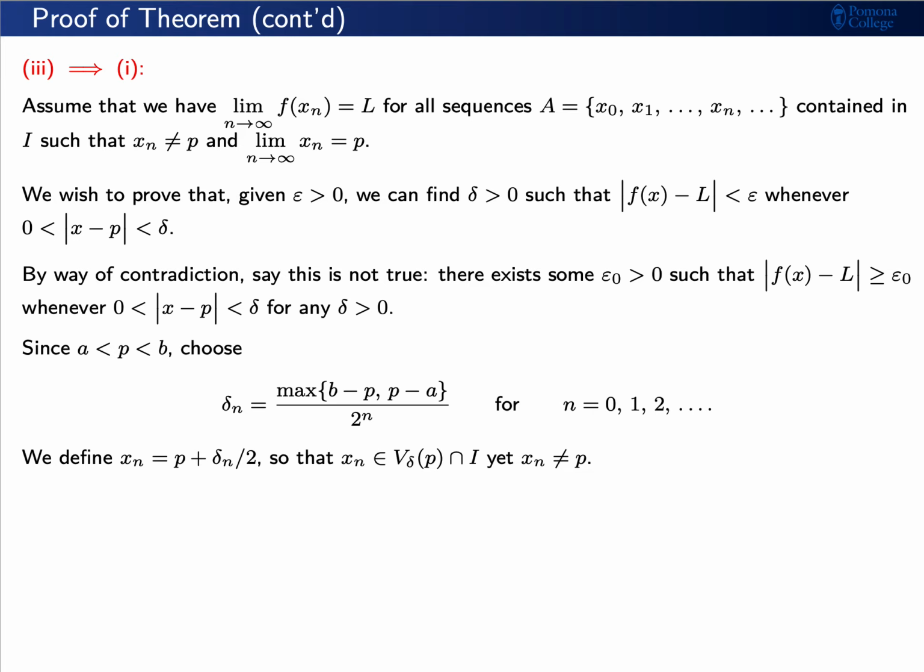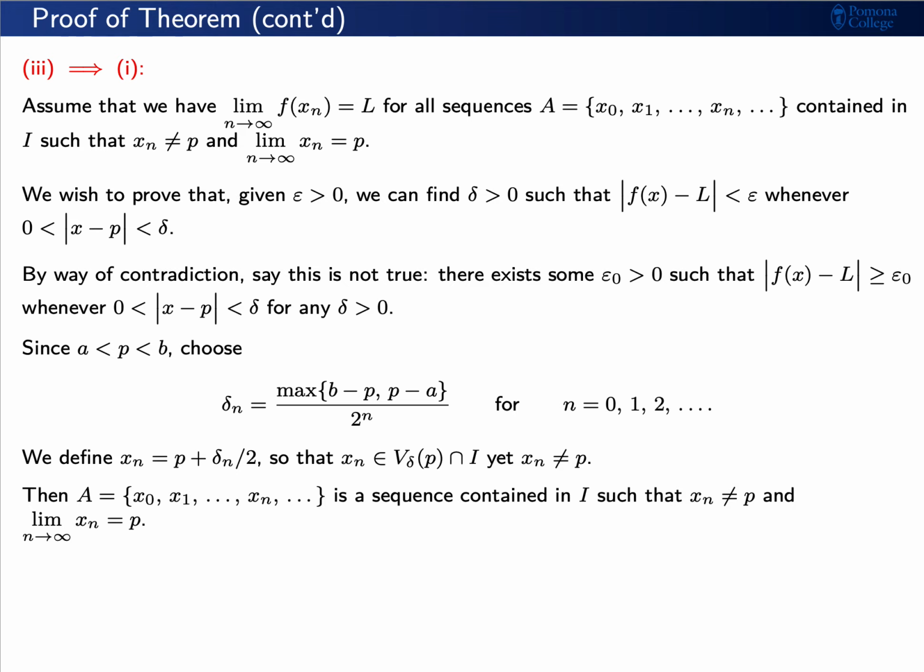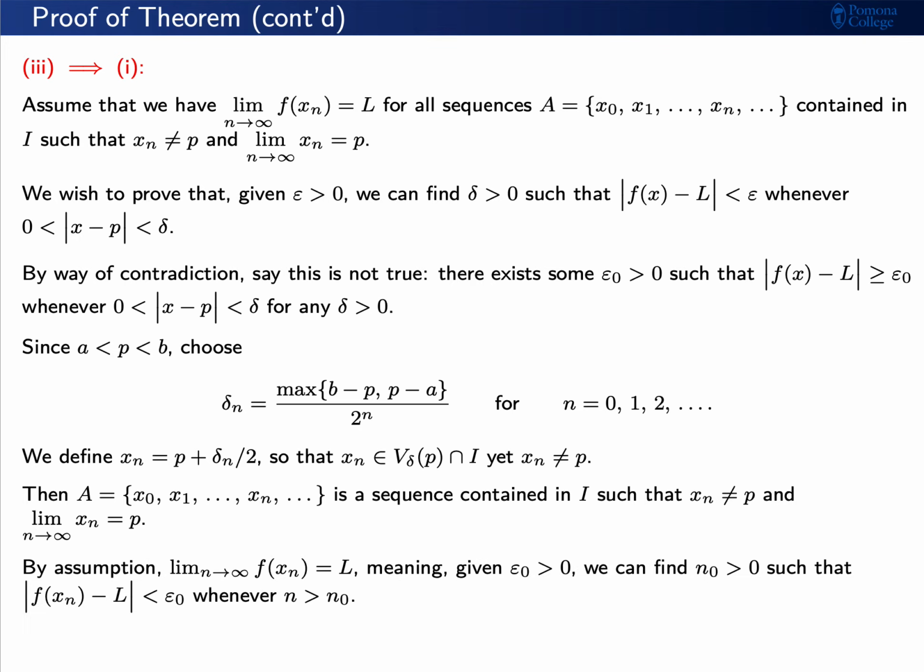We're going to define x sub n as p plus delta n over 2, so that x sub n is in the open neighborhood V sub delta n of p, and is also in the closed interval I, yet x sub n does not equal p. Then we have here a sequence of x sub n's that's contained in our closed interval I. x sub n does not equal p, and the limit of the x sub n's does equal p.